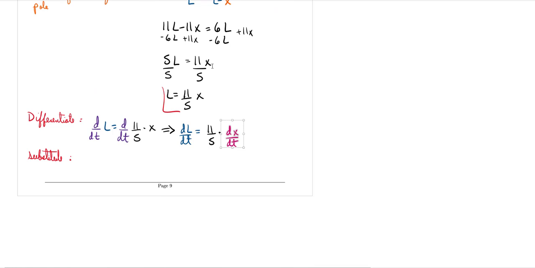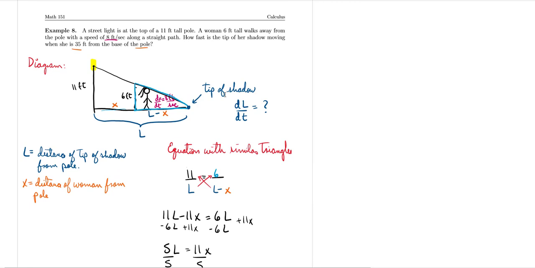So our answer is dl dt equals 11/5 times 8, which if we plug into a calculator, that should give us 17.6 feet per second. So that's how fast the shadow is moving as the woman moves 8 feet per second. But here, 17.6 feet per second.